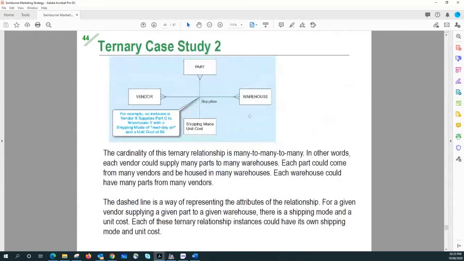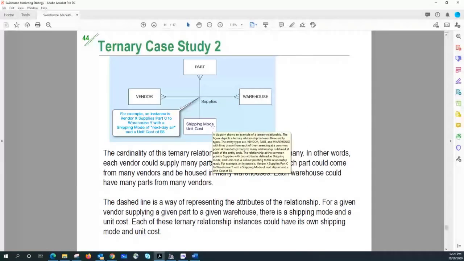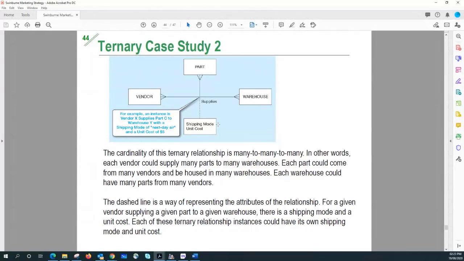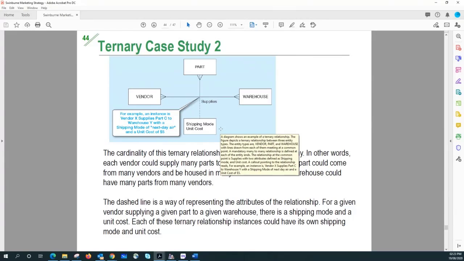So I'm just showing you in a different way rather than connecting here, right? And then each part supplied by the vendor has a different way of shipping, right? So shipping, we call it the shipping mode, and each part has a different unit cost, or supplying cost.